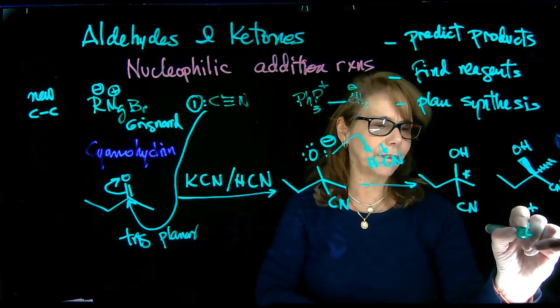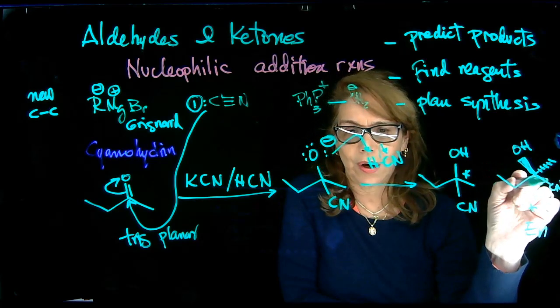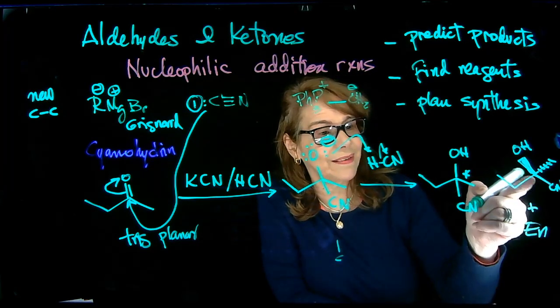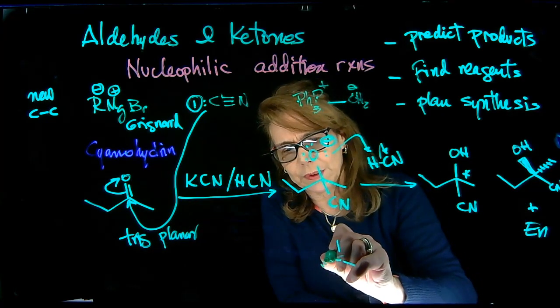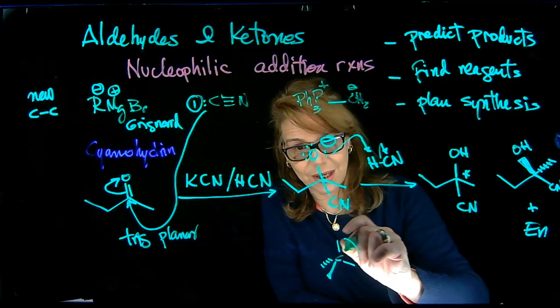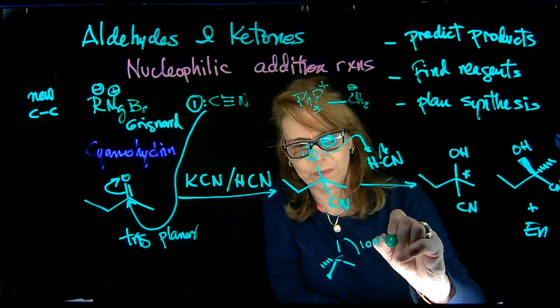I also want to remind you of something. When we draw structures like that, remember that this is an sp3 carbon and that's an sp2. When you have sp3 carbons, we typically draw two bonds in the plane, that's a tetrahedral geometry, 109.5 degrees.